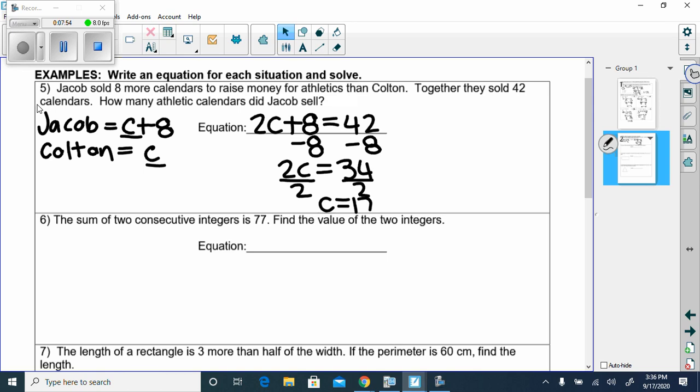They said, how many did Jacob sell? So what should I do with that 17? We should just plug it in. We know that Jacob sold C plus 8, and now we know C is 17. So just 17 plus 8. He sold 25 calendars. Good. Nice.